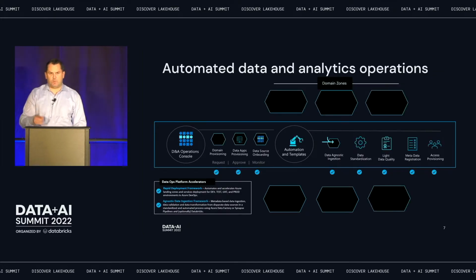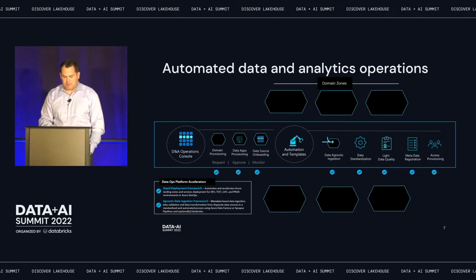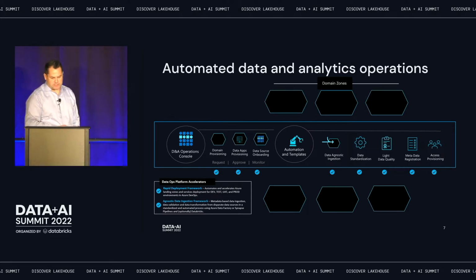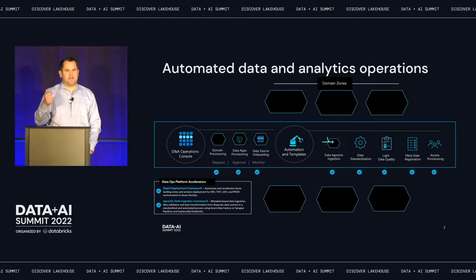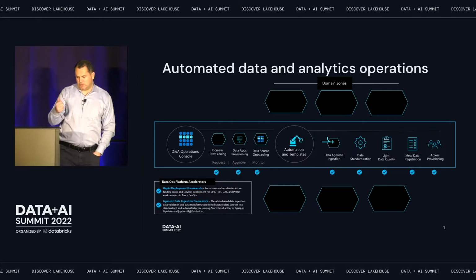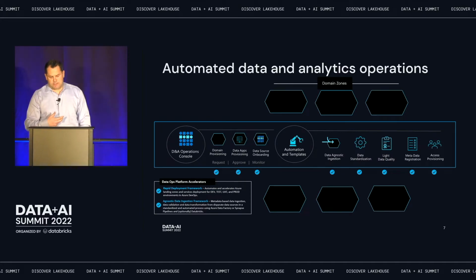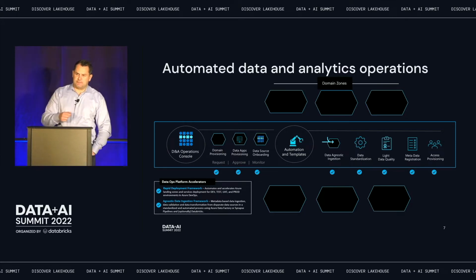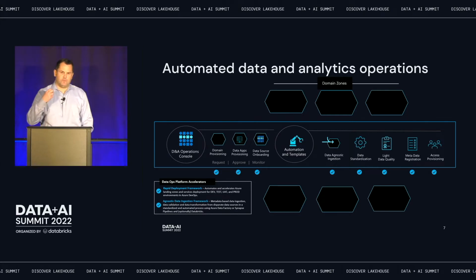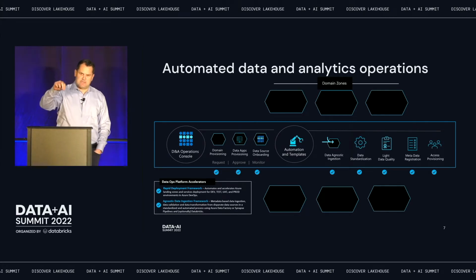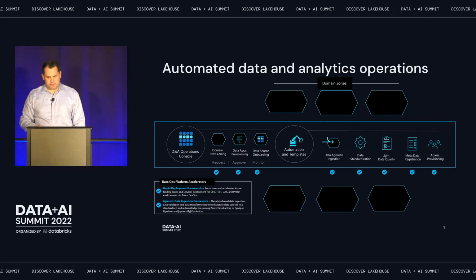And the second component of this key capability is automated data analytics operations, meaning I'm able to identify and govern the data access and use at scale, but do I have the operations to enable domain provisioning, data application provisioning, data source onboarding, to really move from this monolithic state to peer-to-peer interactions across the parts of the organization?